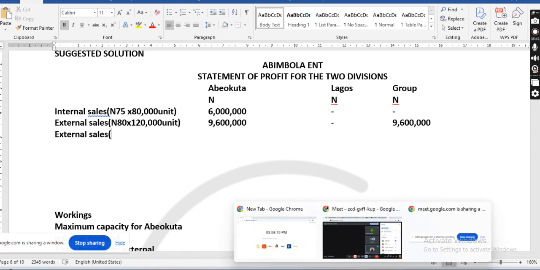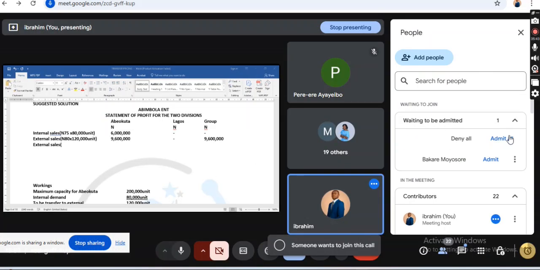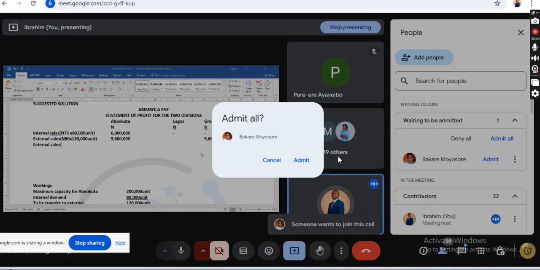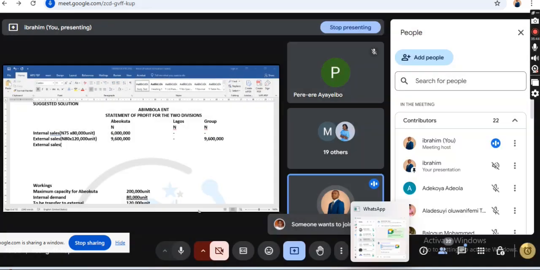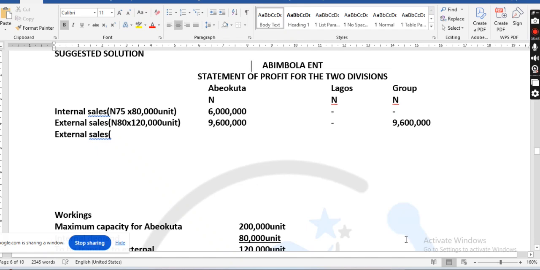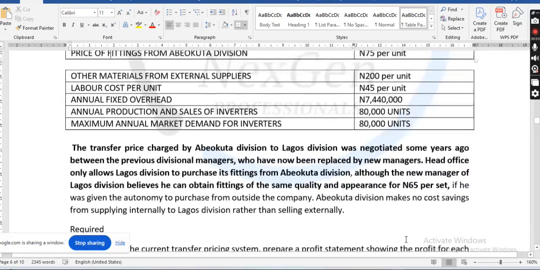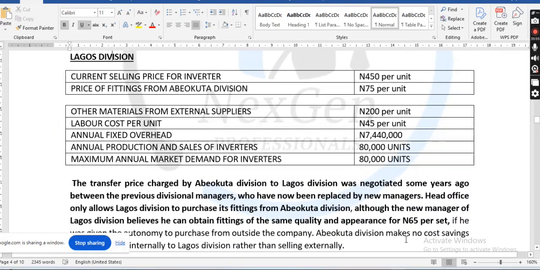So at what price will Lagos sell external? Let's check. At 450, right? Class, are we still together? At what, class? 450, right? Yes, sir.